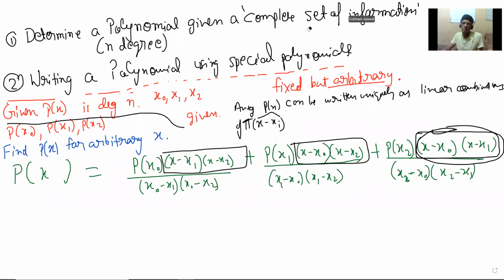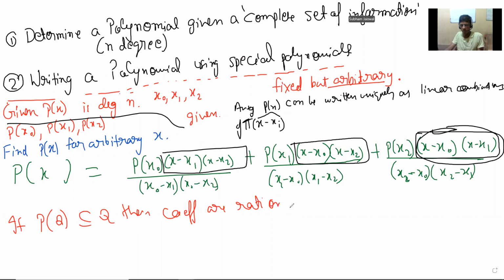So I think you can guess now that if P of Q is in Q, then coefficients are rational. So do you guys see now this question can be done in a very smooth way by Lagrange interpolation. In fact, that question was Lagrange interpolation.